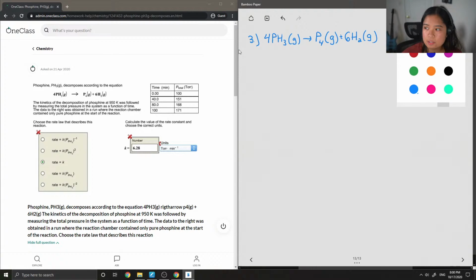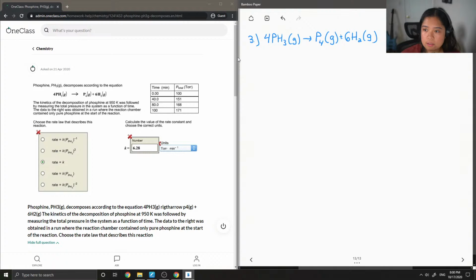Okay, so given the units there, I'm gonna make just a rough graph of the time versus the pressure.